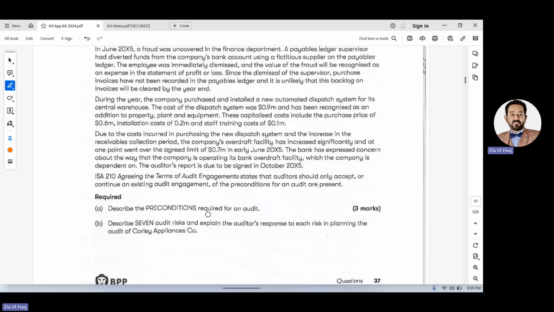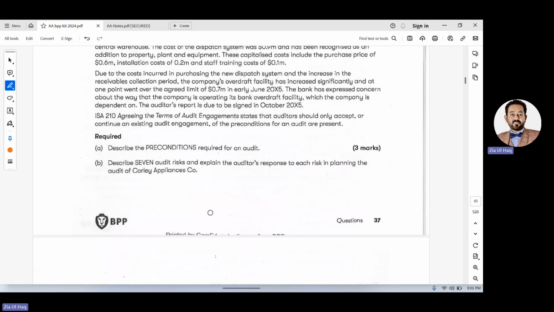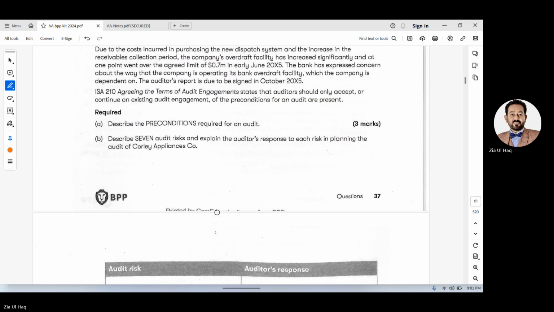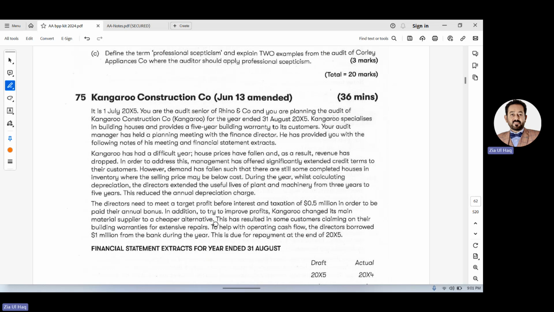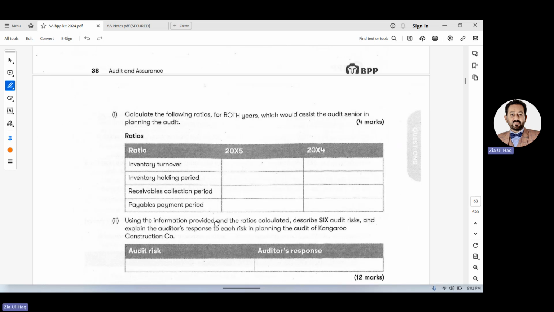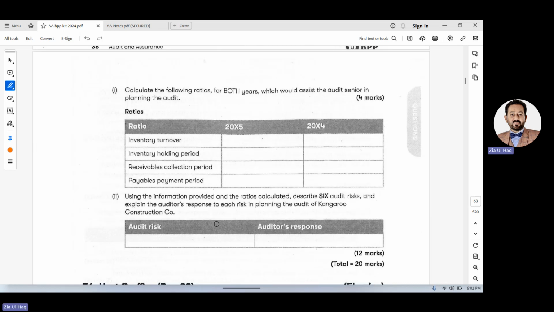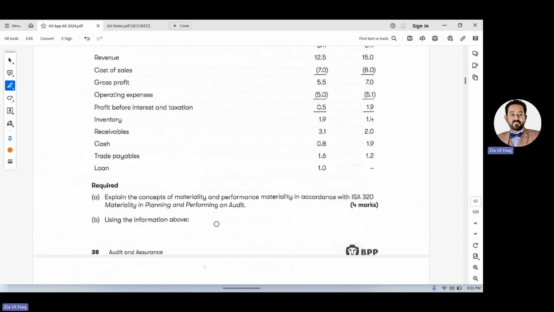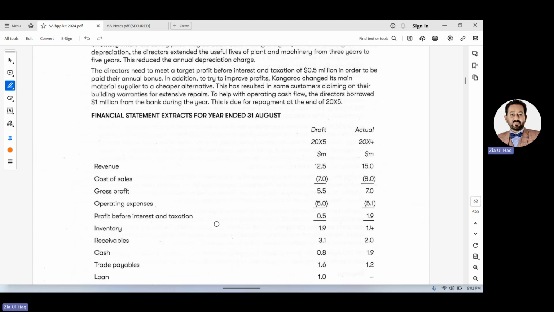And 74 parts A and B you have to cover by yourself. Even you can cover 75 as well, 75 parts B1 and B2. So 71, 72, 73, 74, 75: these 5 questions you have to attempt before coming to the next class, please.